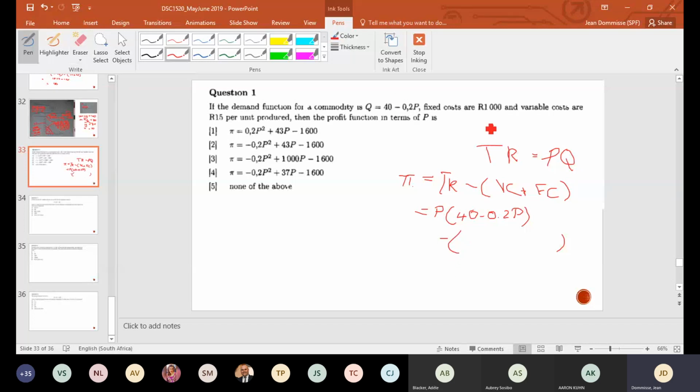So I can already say a fixed cost of 1,000. That I already know.